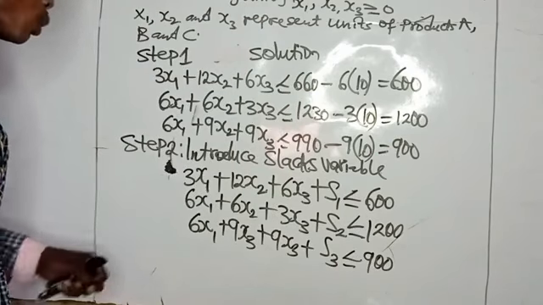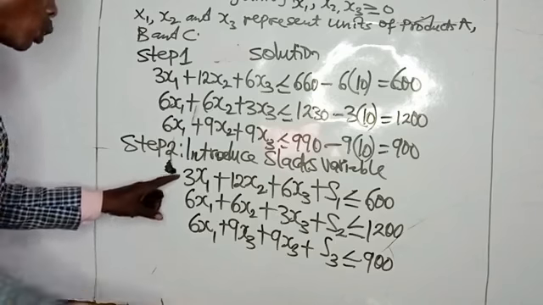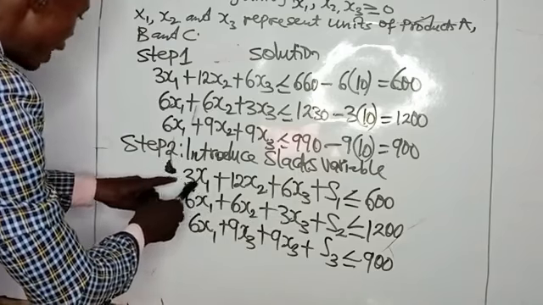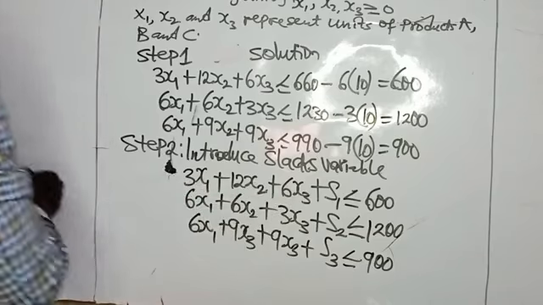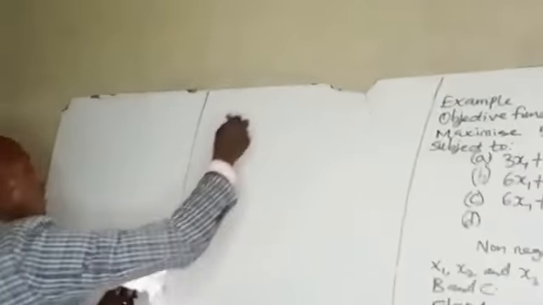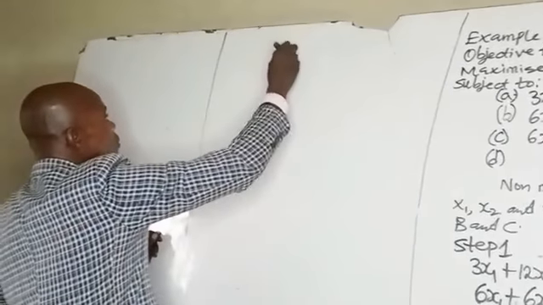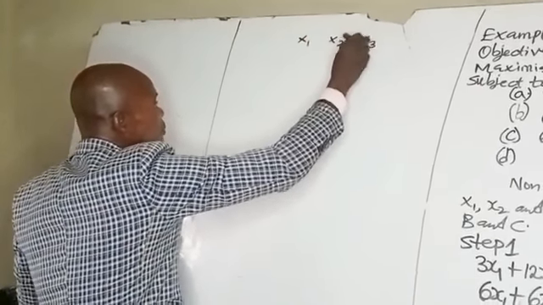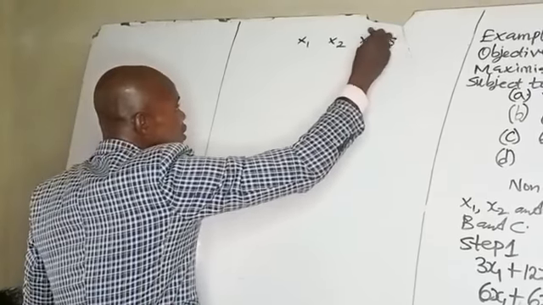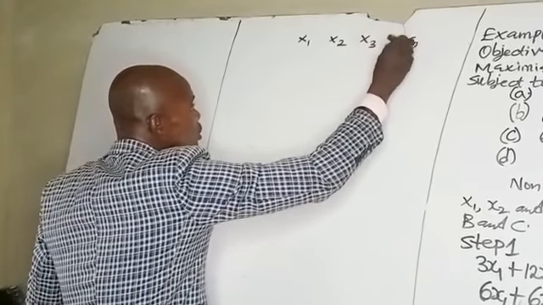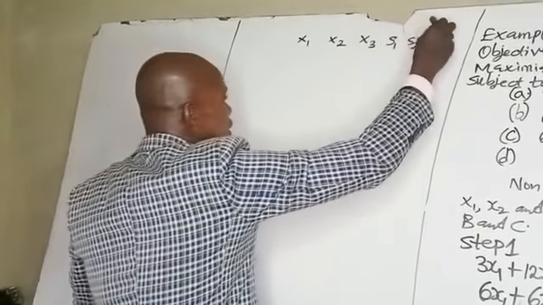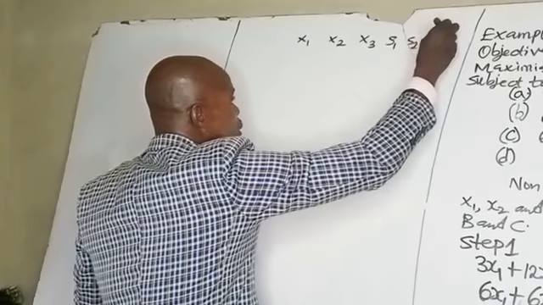The next thing is to organize the problem in the form of a matrix with the coefficients of x1, x2, x3. Now, let's organize it into matrix form. We have x1, x2, x3. Then we have slack 1, slack 2, slack 3. Then we have the constraint solution quantity.